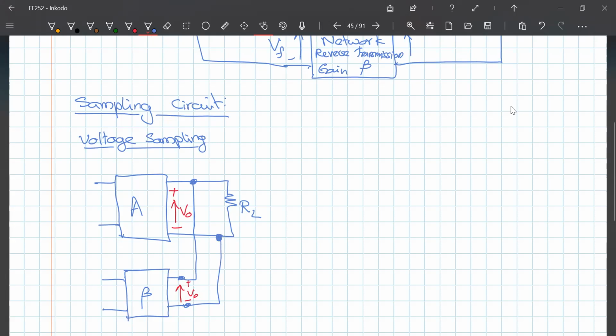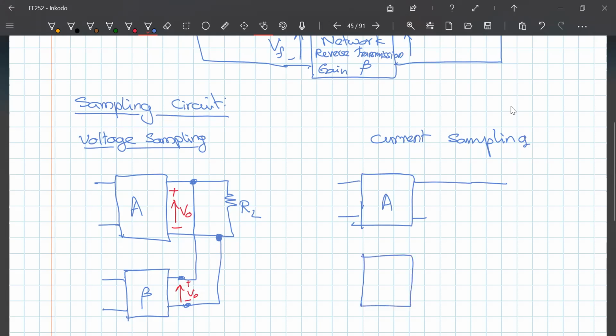On the other hand, if I wanted a current sample, okay, current sampling, then what I have is my amplifier with a gain of A whose output is a current, right? And I need a sample of that as the input to my feedback network.